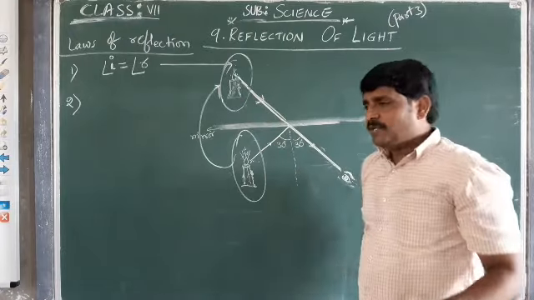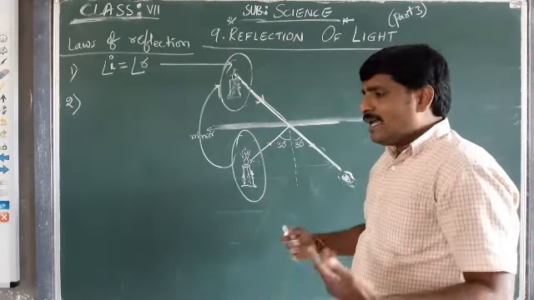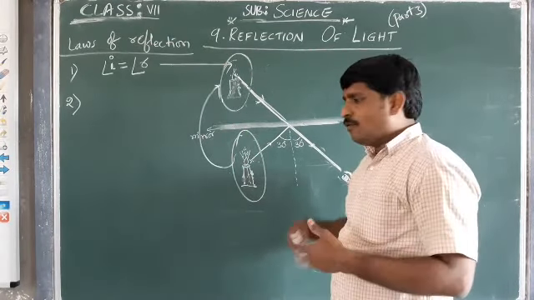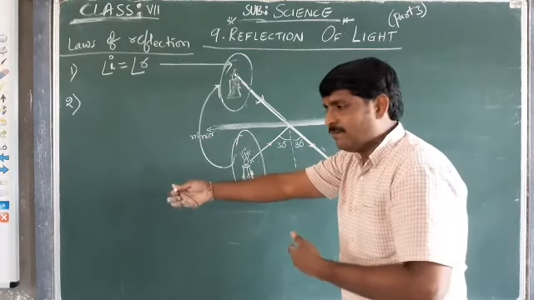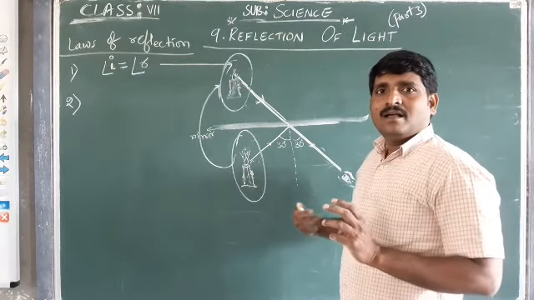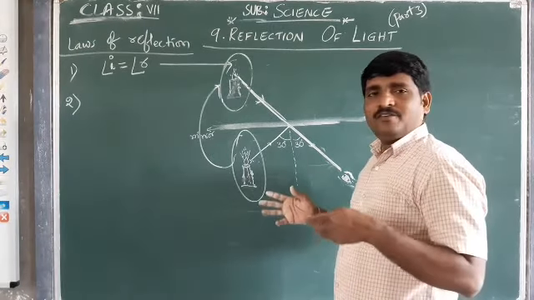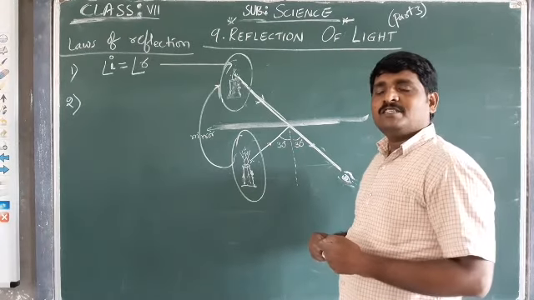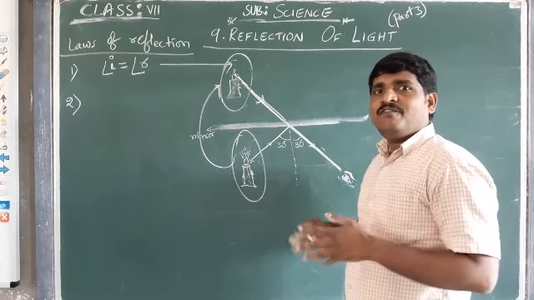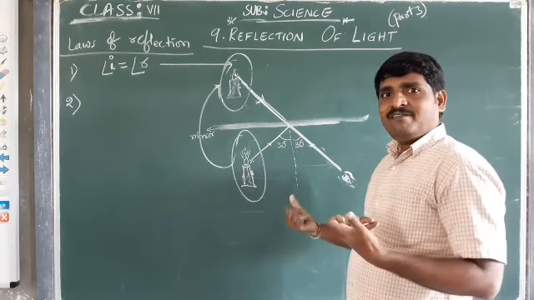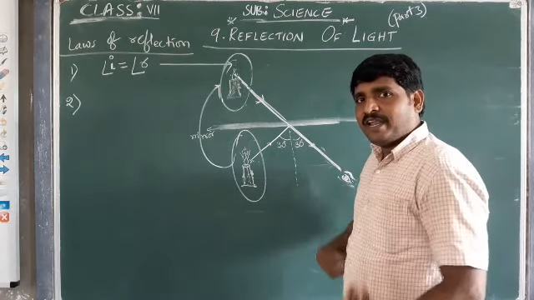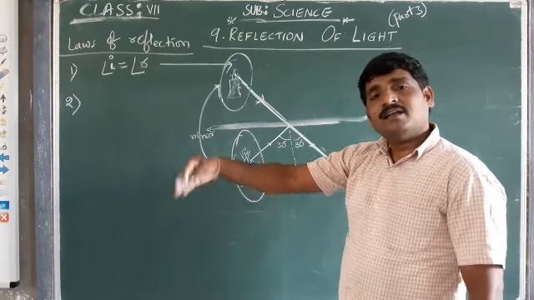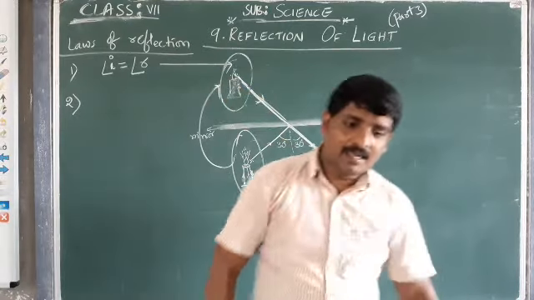Suppose I stand in front of a mirror, it looks like some other person is standing on the other side of the mirror, facing towards me. We get the same feel. If you observe closely the image which has been formed, we will feel that some person like me, same as me, is standing inside the mirror, at the other side of the mirror.